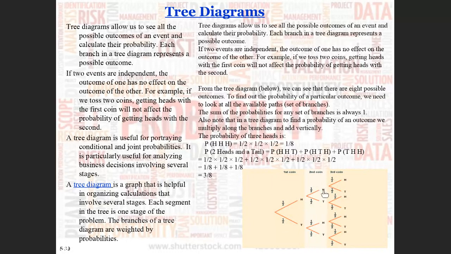And then you have the second coin, and you're flipping it, heads and tails, that's 1/2 and 1/2. If you had tails here, getting heads and tails is 1/2 and 1/2, and the third coin is 1/2 and 1/2. Heads, tails, heads, tails, heads, tails, heads, tails, it's all 1/2.